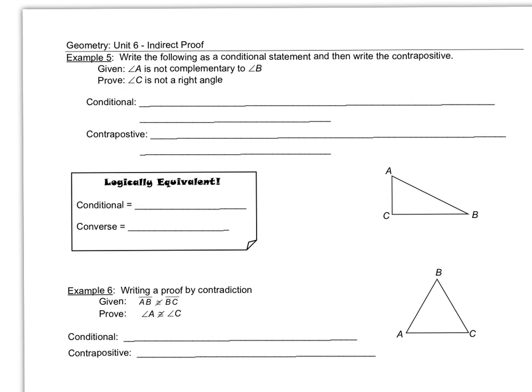So example 5 states, write the following as a conditional statement and then write the contrapositive. Recall that contrapositive means you reverse the sentence and you add a not. So the given is angle A is not complementary to angle B. You have to prove that angle C is not a right angle. So a conditional means you can write it in the if-then form.